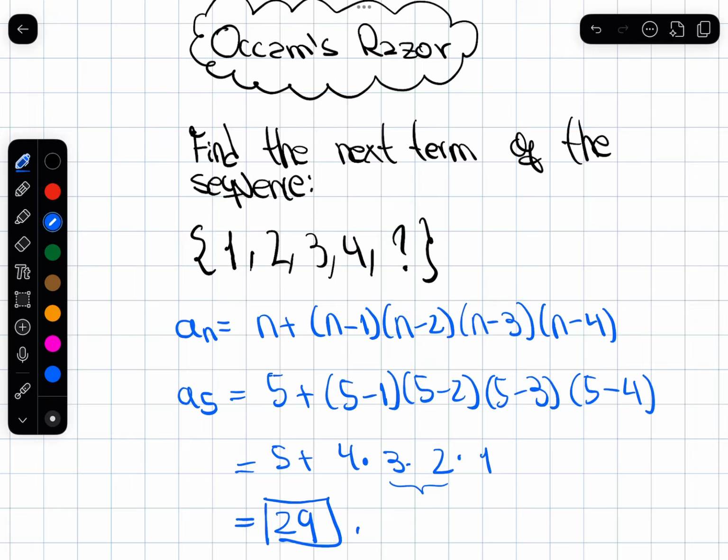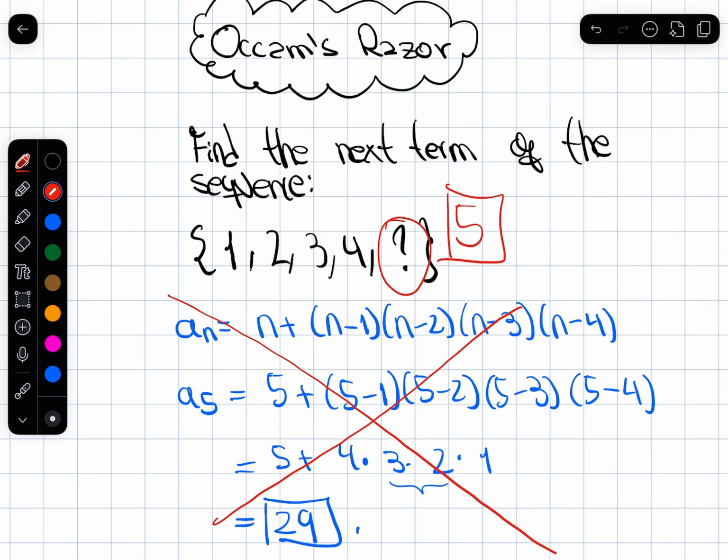So the next term could be 29, right? So what's the correct answer? Is it 29 or is it 5? You don't know. The sequence could actually go either way. But in a math problem in general, try to apply Occam's razor. What is the simplest assumption here? Not this. It is the assumption that the next term is probably 5. So being able to decide between complicated choices is also a skill you need to develop when dealing with sequences.